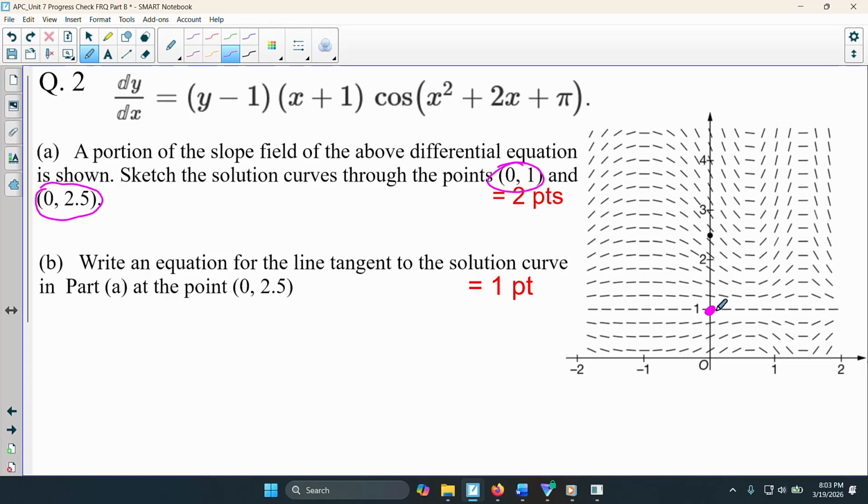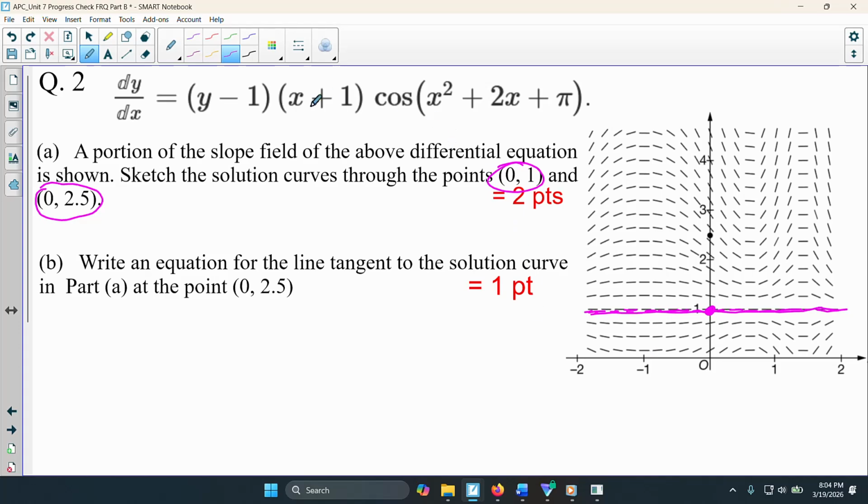From here, it's saying stay flat the whole time. Stay with the zero slope, and going backwards it's the same thing. So the solution curve through this point is literally this line, a horizontal line.